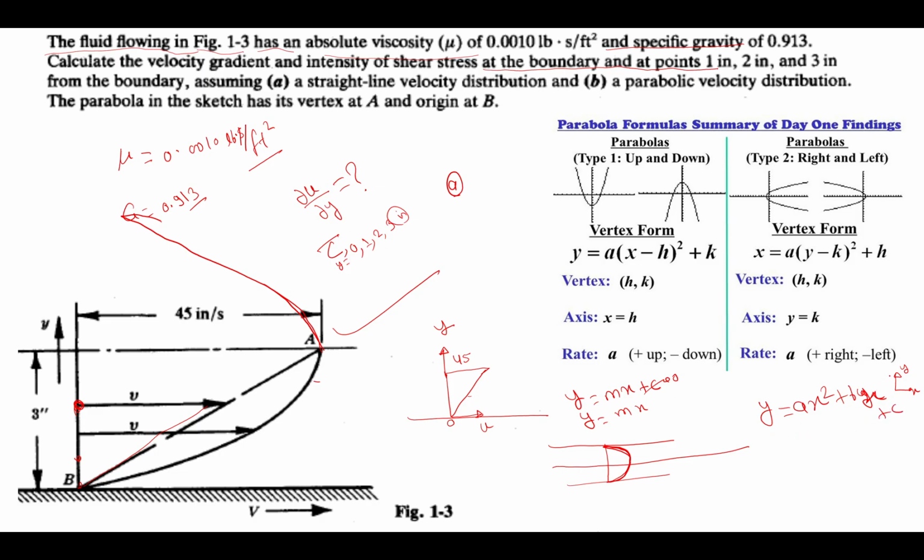If you want to write it in vertex form, if your parabola is like that, then it will be a(x minus h) squared plus k, where h is how much distance from the edge and k is how much distance. So based on this we will try to solve this question, a very important question.